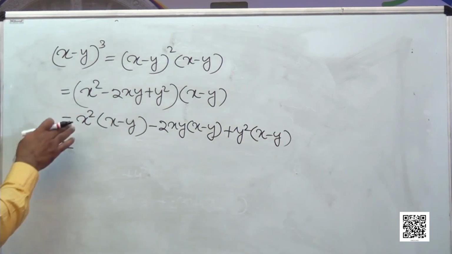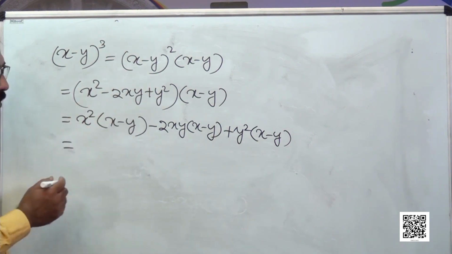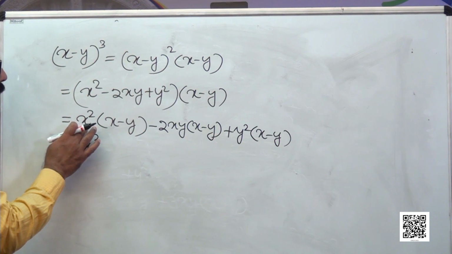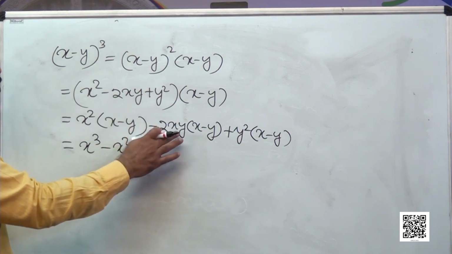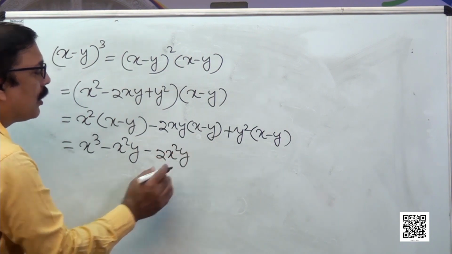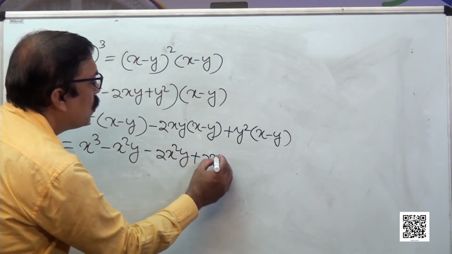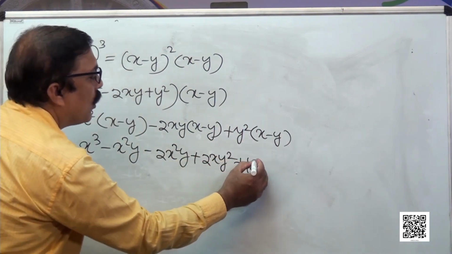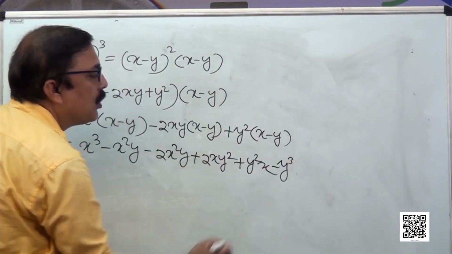Here again, the product of a monomial with a binomial, that is x square into x gives x cube, then x square into minus y gives minus x square y, minus 2xy into x gives minus 2x square y, minus 2xy into minus y gives plus 2xy square, and y square into x gives plus y square x, y square into minus y gives minus y cube.